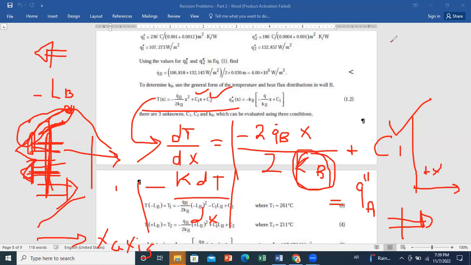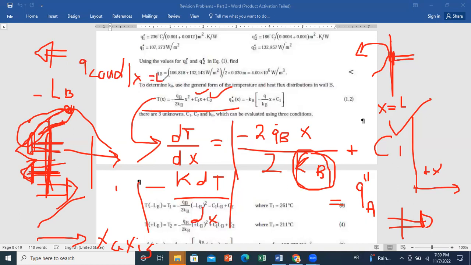So let's say I have a wall, you know it already. If I have convection, for example, how can I write the boundary condition at this level? If this wall is at x equal to, let's say, L, I can say that Q conduction at x equal L is equal to Q convection.